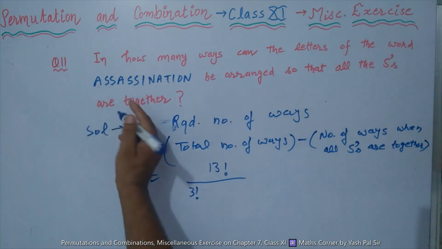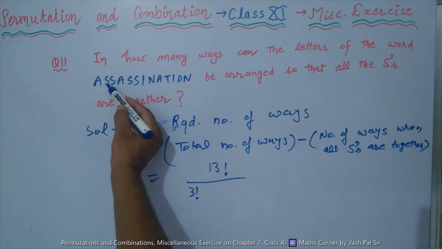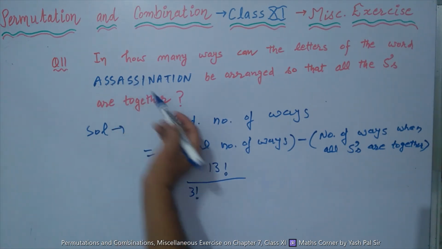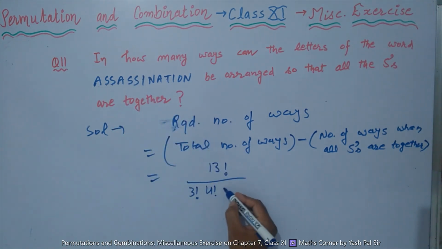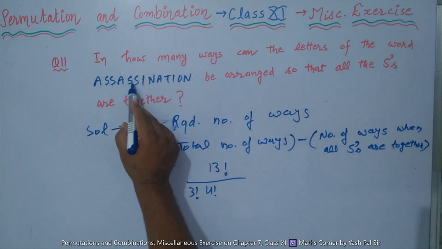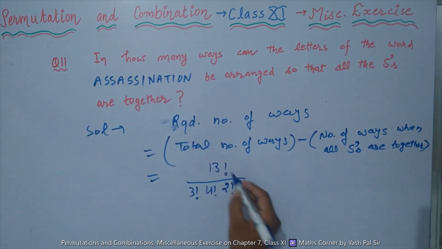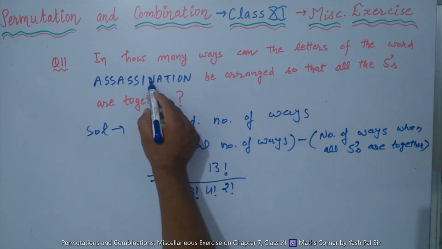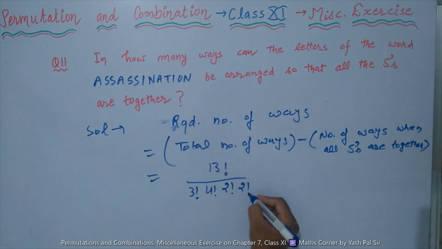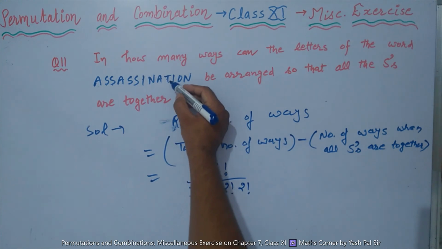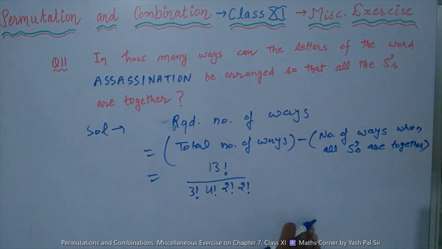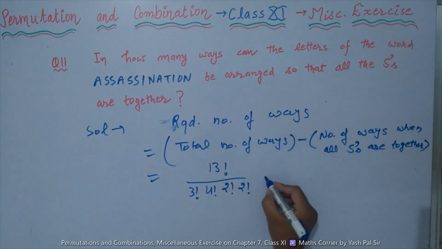Next is S, repeated 4 times, 4 factorial. Into, after this is I repeated 2 times, 2 factorial. Next is N repeated again 2 times. Next T is repeated 1 time. We have written each letter.